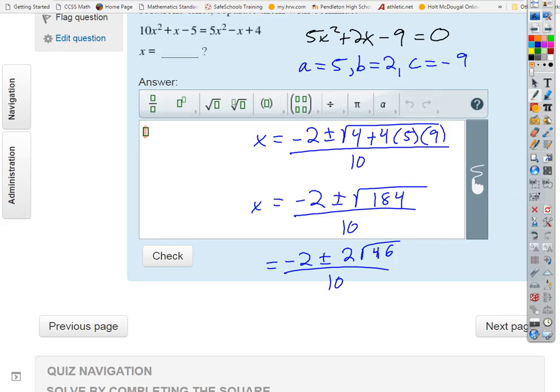And so if I split this apart, then I end up with negative 2/10 plus or minus 2 radical 46 over 10, which allows me to reduce that to a 1/5 and a 1/5.